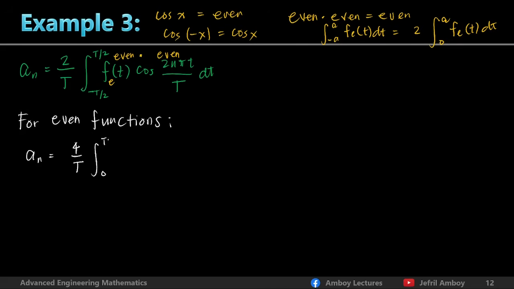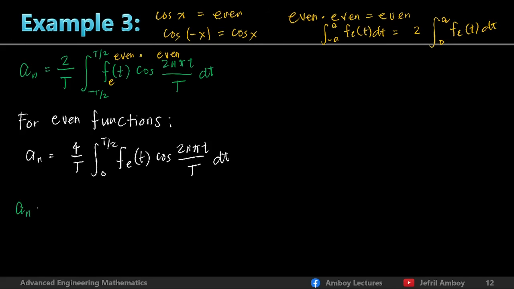Hanggang t over 2. Bakit? Kasi yan ay property ng even function. Okay, sulat natin dito, f sub e of t times cosine of 2n pi t over the period dt. So yan ha, ito na yung gagamitin nating formula sa pag-compute ng an whenever we are obtaining the Fourier series of an even function.